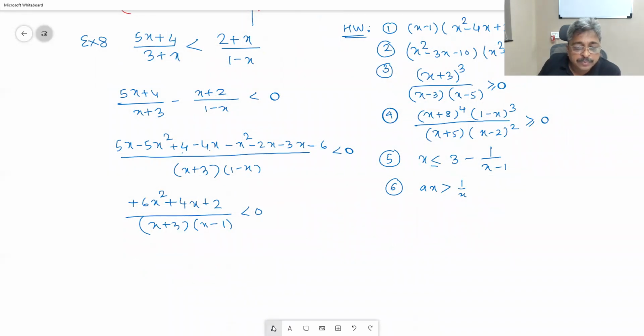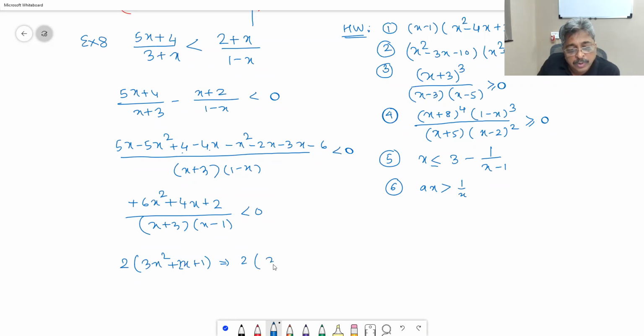So 2 into 3x square plus 2x plus 1, which is 2 into 3x square minus 6x plus 4, minus 4x minus 2.